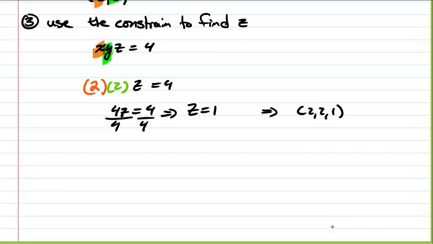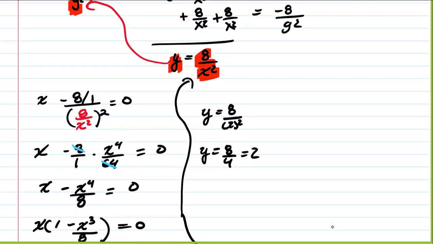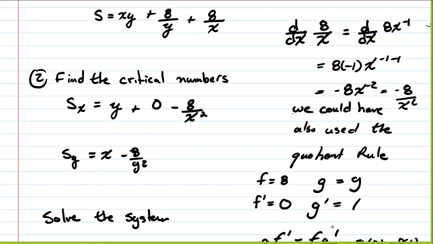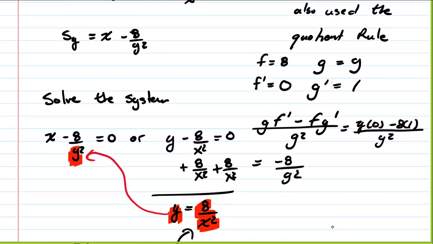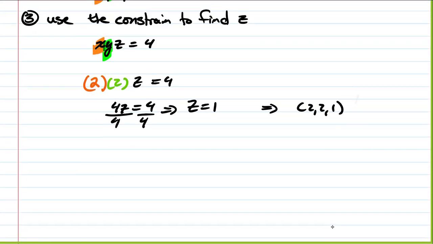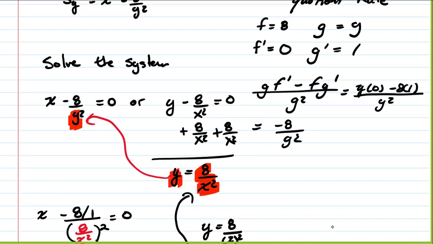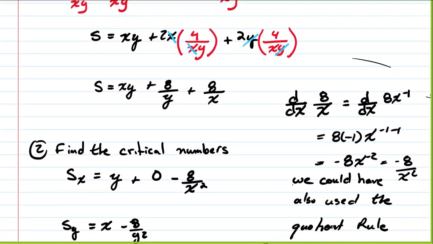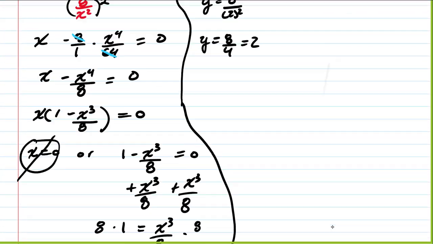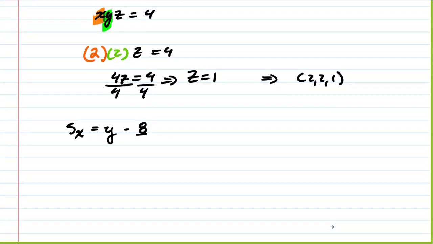And in order to do that, we needed to know more partial derivatives and evaluate them at certain points. So we have our s sub x is equal to x minus 8 over x squared. And we had s sub y is equal to x minus 8 over y squared.